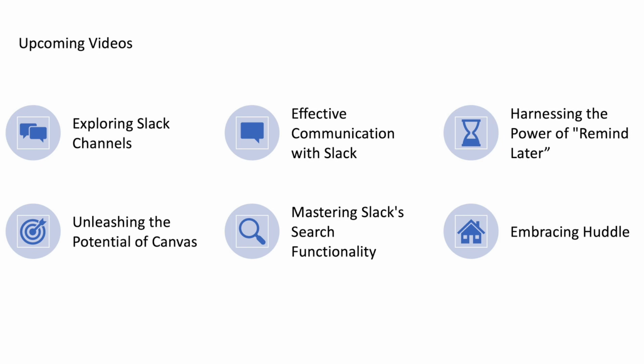Unleashing the potential of Canvas. Slack's whiteboard feature, known as Canvas, enables you to do much more, from defining project templates to writing meeting minutes (MOMs). We will provide you with various examples in this episode. Mastering Slack's search feature. Searching for old conversations can be a major challenge in most communication tools, but not with Slack.